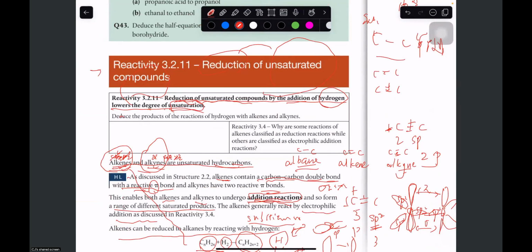The third kind of reduction is the reduction of unsaturated compounds. Could you explain what an unsaturated compound is?